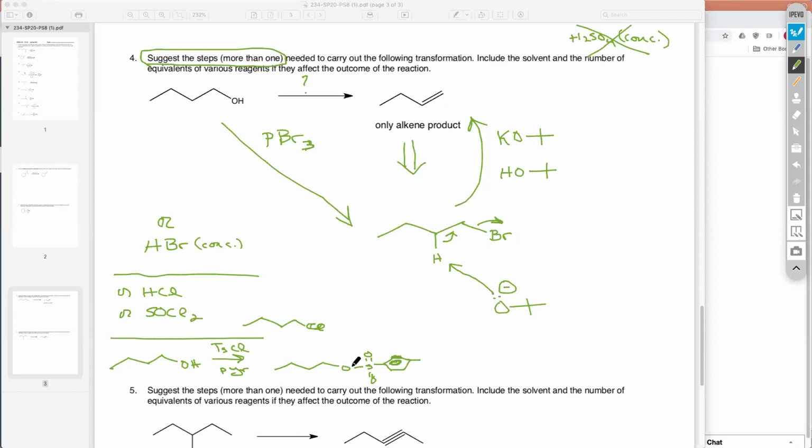But then this is a good leaving group, and though we haven't specifically looked at these, you certainly could get an elimination using this as well. Probably though, we would just convert it to one of the halides here to get the elimination to take place.